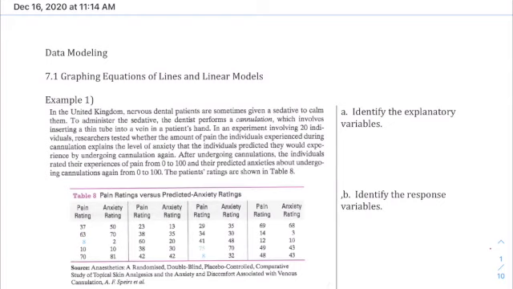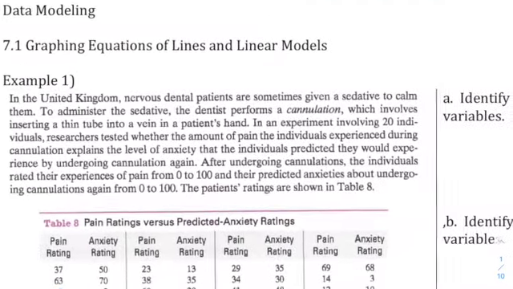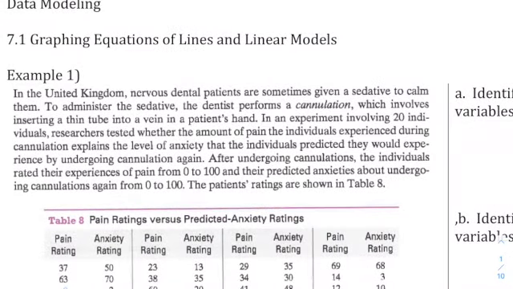Example number one says, in the United Kingdom, nervous dental patients are sometimes given a sedative to calm them. To administrate the sedative, the dentist performs a cannulation, which involves inserting a thin tube into the vein in a patient's hand.